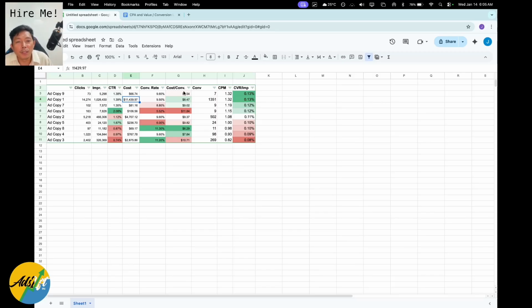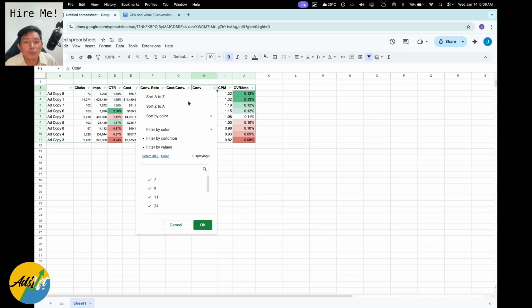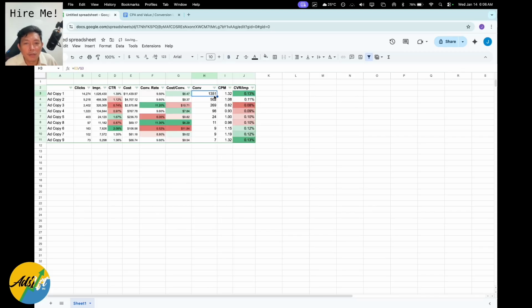If we look into the conditional formatting, the CTR is average, the conversion rate is average, but the CVR per impression is high, and it resulted in a good cost per conversion compared to the others. So in terms of justifying it, the conversions is also one of the highest, which is 1.13.